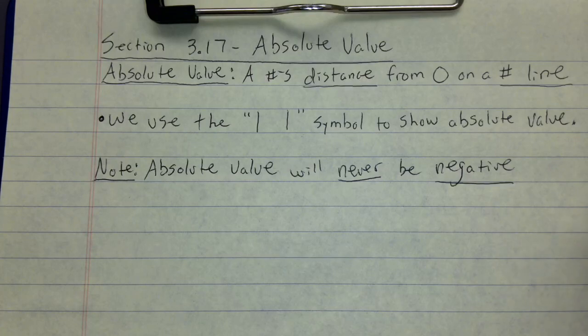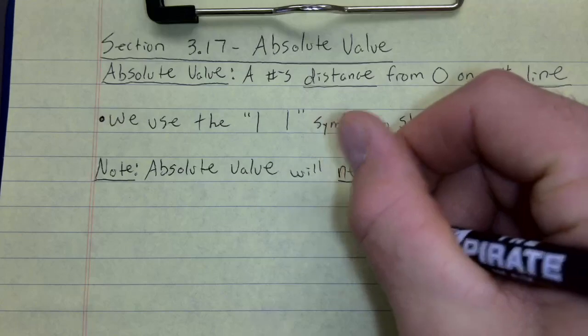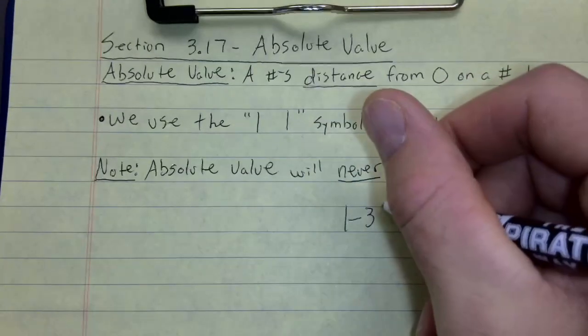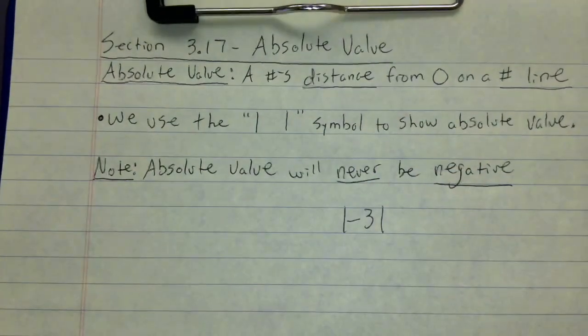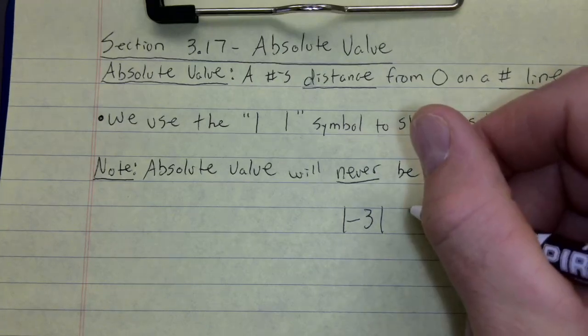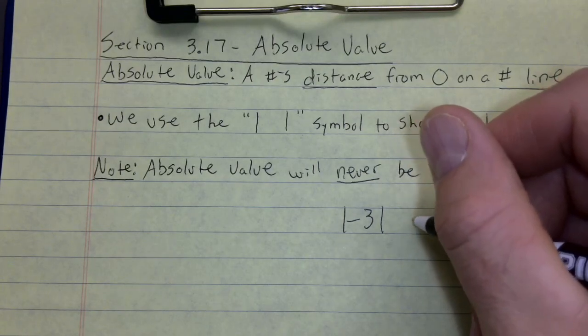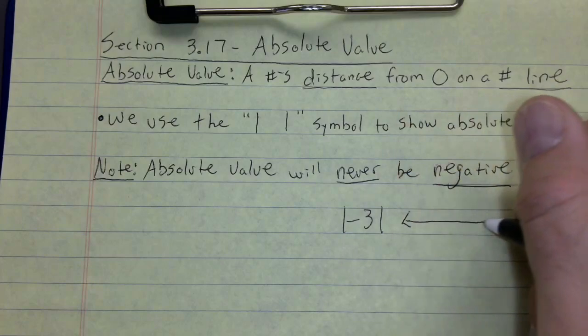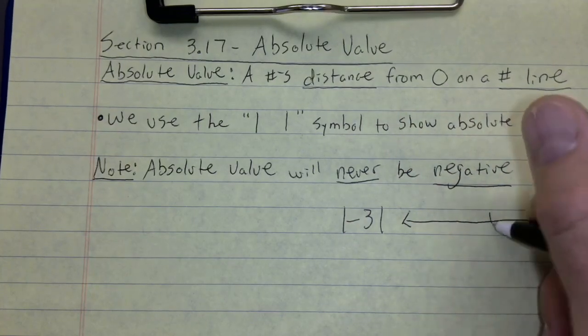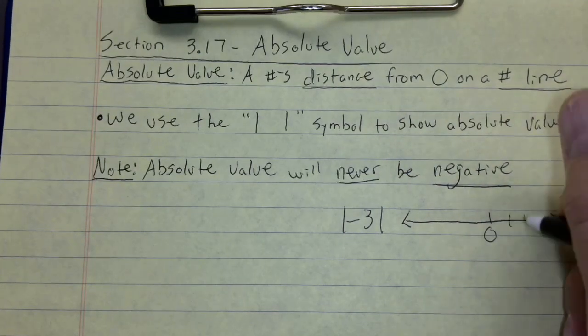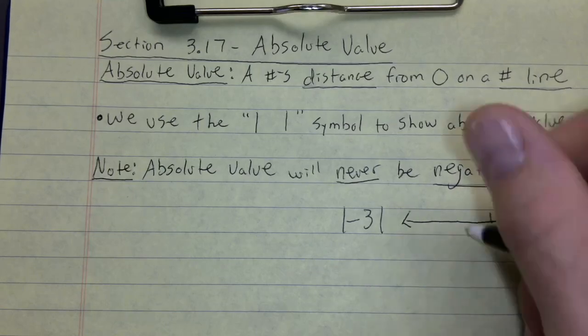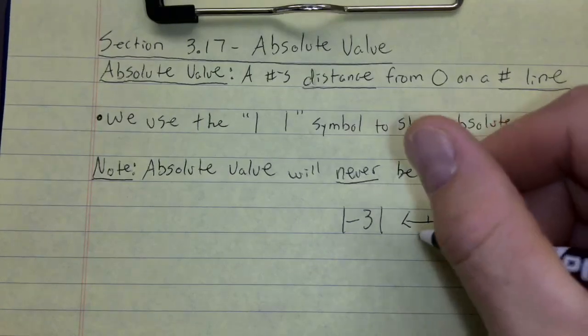Okay? So when we look at absolute value, just off to the side of the paper, we'll write the absolute value of -3. All right? So the way we actually do this is first we plot -3 on a number line. So 0's in the center, 1, 2, and 3, -1, -2, and -3.